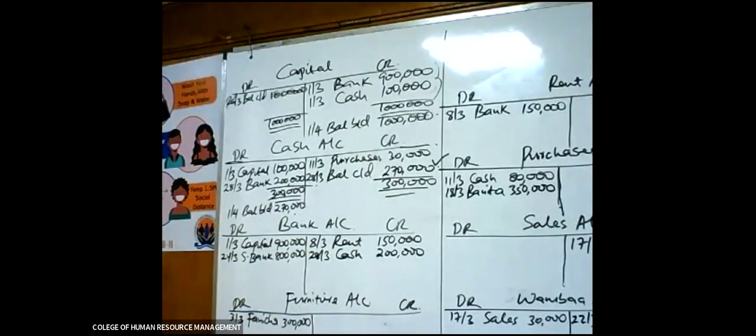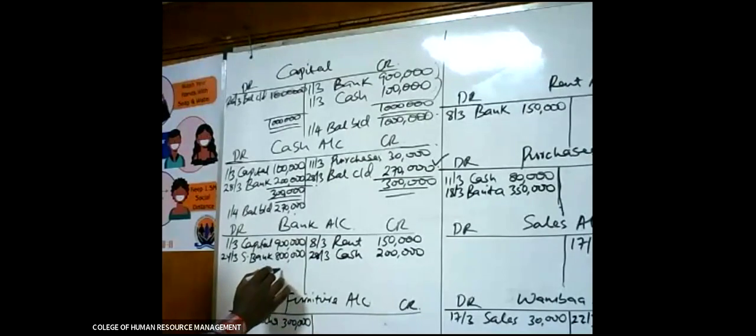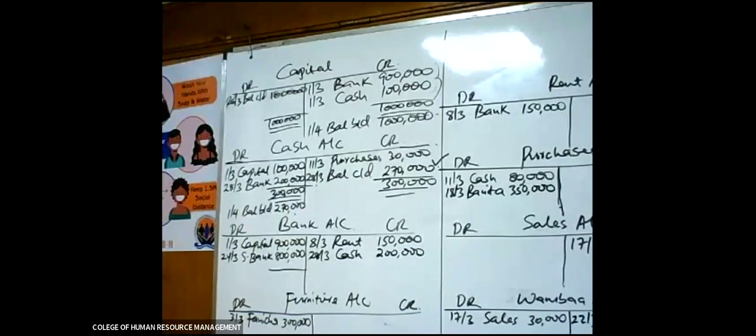For the bank, how much is on the debit? 1,000,000. Excuse me, on the cash account, I don't know whether it's me who did not follow well. On the 11th of March, the purchases, are they 80 or 30? Oh, it was 80. You are right.